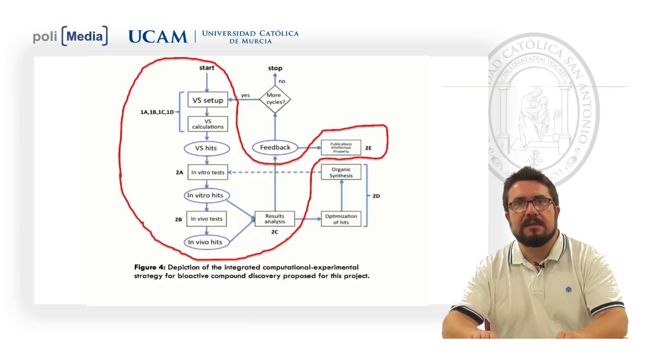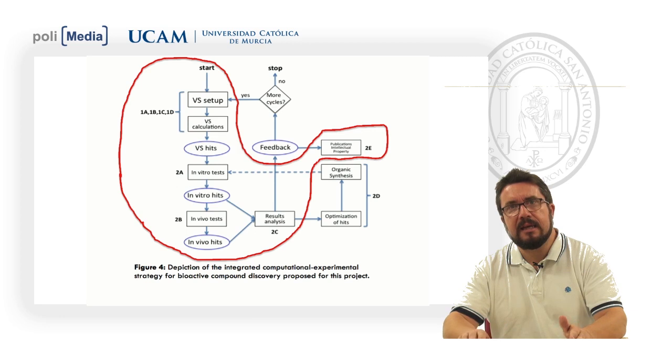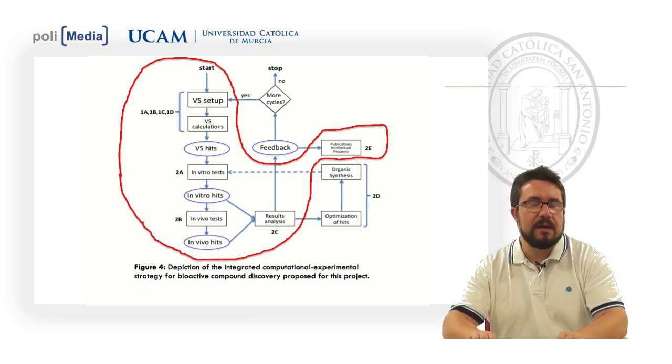And finally, this is the workflow that we follow in this kind of projects. So basically, we start from virtual screening calculations. We need to set up the system, then we perform the calculations so that we obtain some virtual screening hits. These are computational results and need to be validated or refuted.